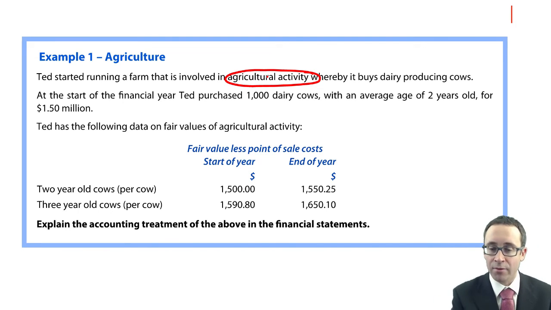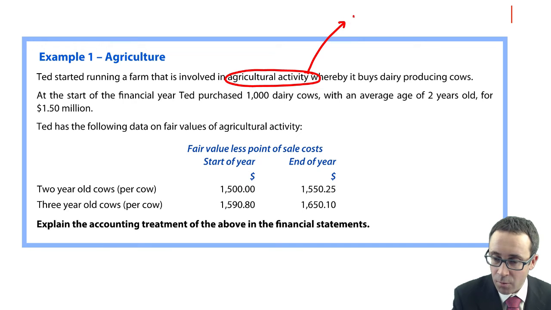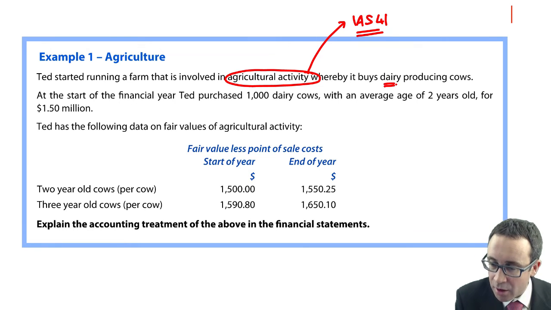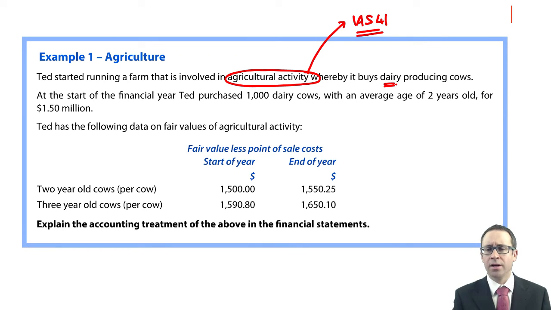So as soon as we have agricultural activity, we are into the realms of IAS 41, whereby it buys dairy producing cows. So the cows are the biological asset, aren't they? If they are dairy producing cows, they are not cows that are held for slaughter. So the agricultural produce will be the milk.